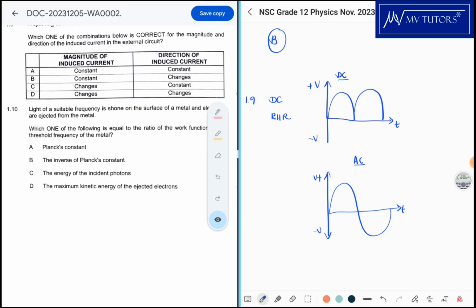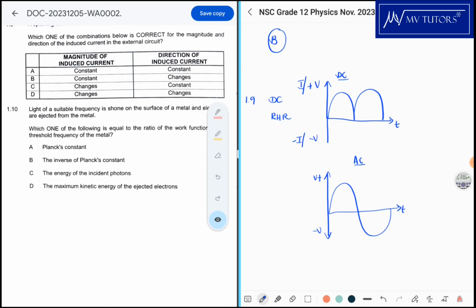All right, so now the magnitude of the induced current. Do you see that it will start, okay, that's voltage, what I've drawn, but the current follows the same pattern. So even if I did current over here, still the same.